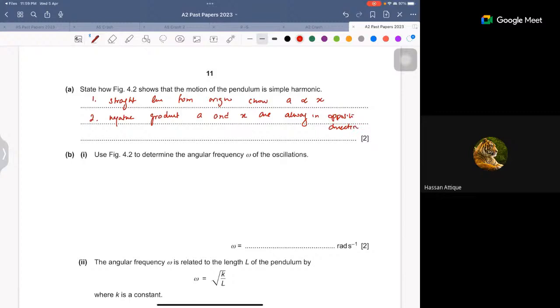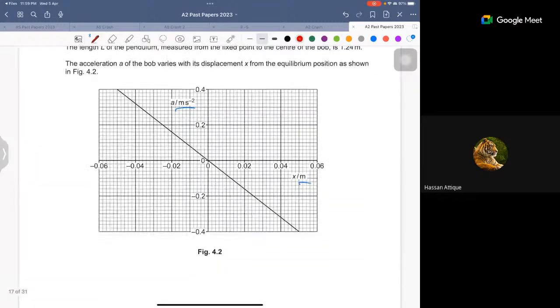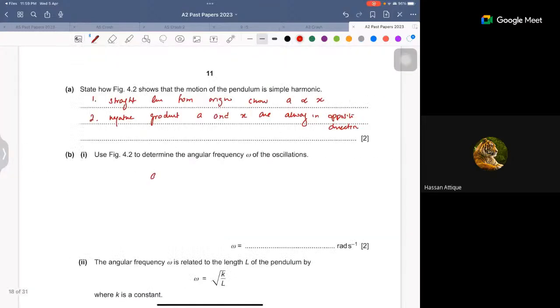And then it says determine the angular frequency, which is pretty easy. What you want to do is find the gradient of this graph. How to do that? Just take the endpoints, any endpoints like this and this. This will be, I think, minus 0.05, and that's going to be 0.4, right? Then use the formula a equals minus omega squared x.